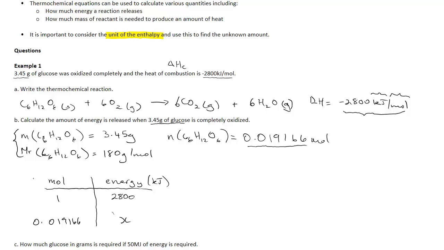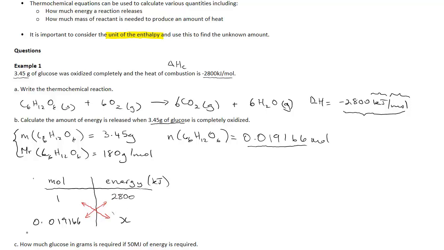Now we can use this table for a cross multiplication. The proportions will be the same as long as you align mole in one column and energy in another column. You can't just mix this up and put energy on this side and then another energy value on the other side. It's not going to work.